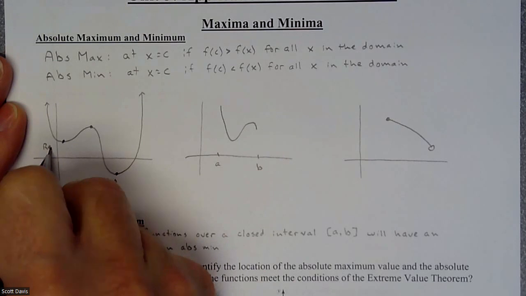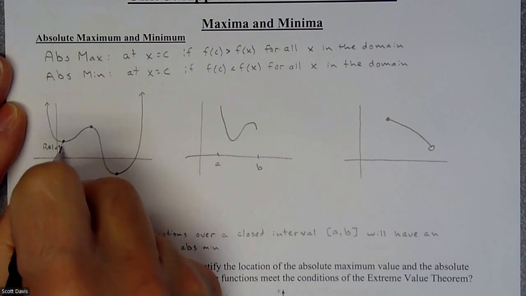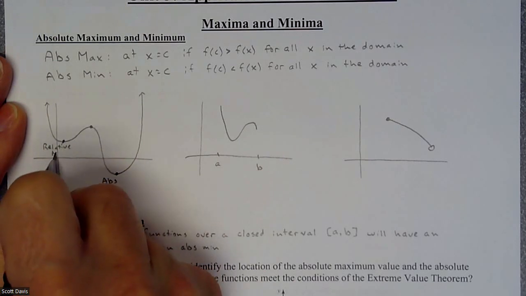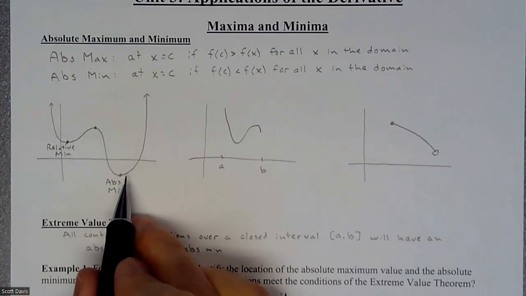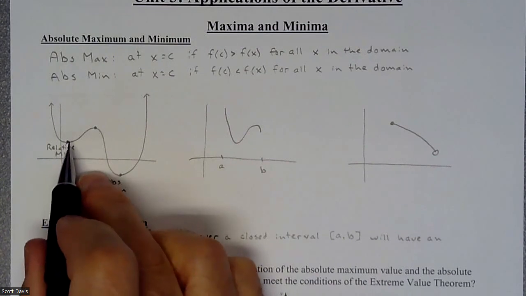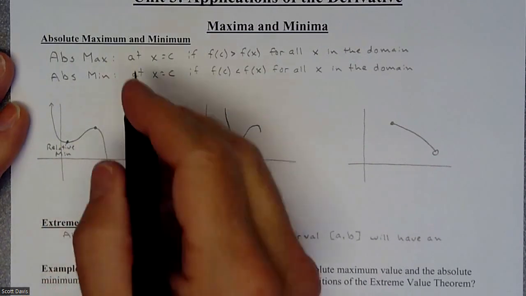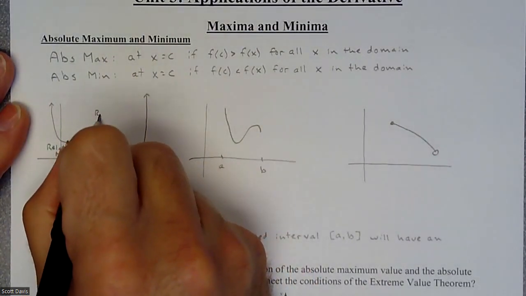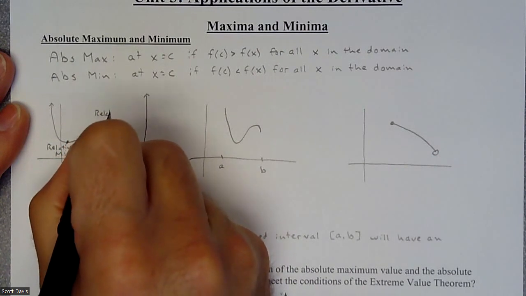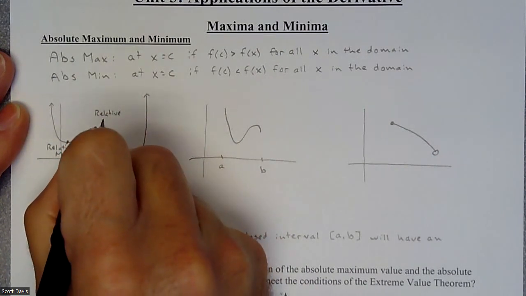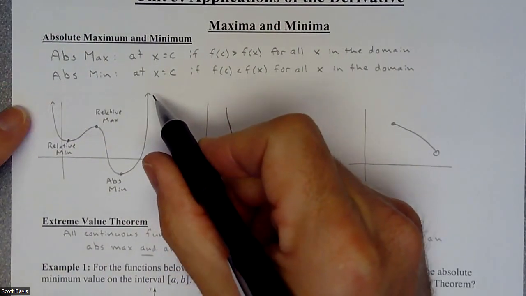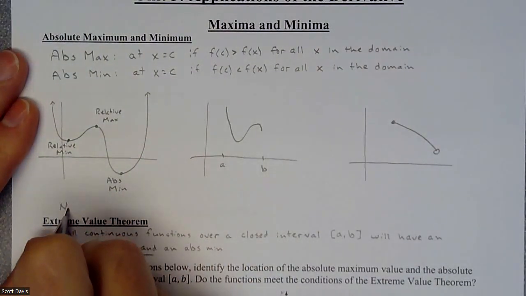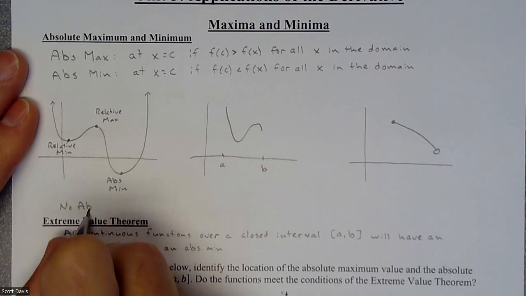Depends on what book is using what terminology. I call it a relative min. So it's not the absolute lowest point. This one's the absolute lowest point, but it's a low point. And then this one is a relative max. Visually you can see the graph goes up forever, so there can't be any max at all. So there is no absolute max.